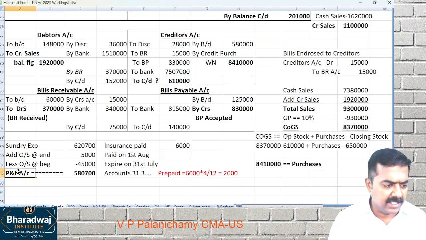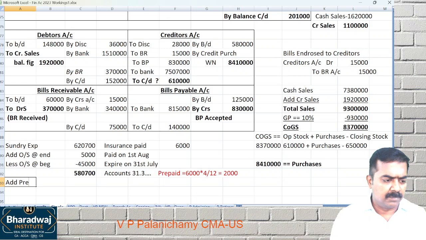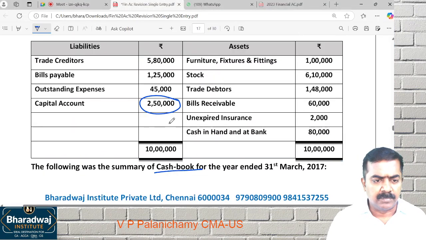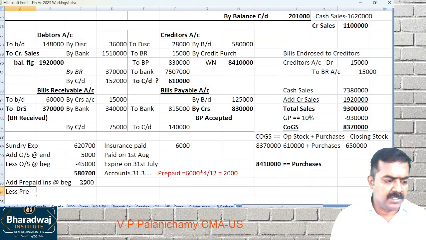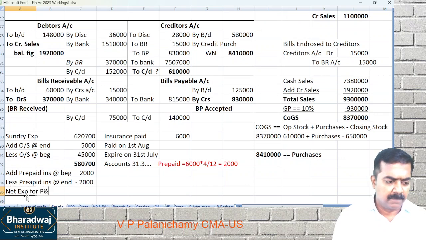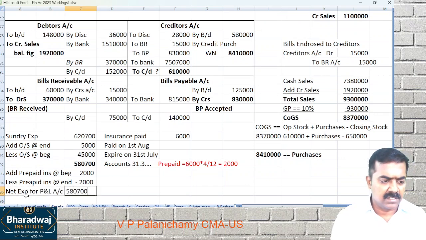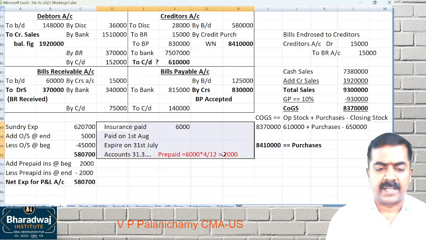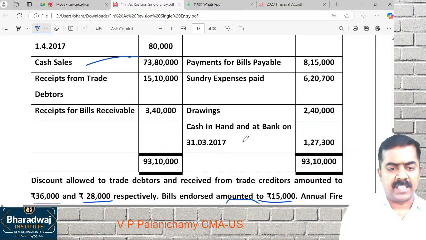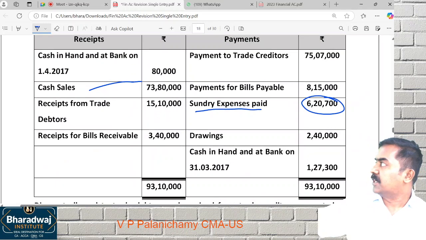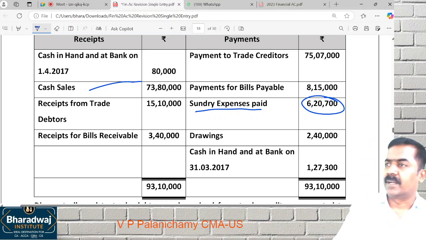This insurance paid is included in sundry expenses. So add prepaid insurance at the beginning of the year, given as 2,000 in the opening balance sheet, and less prepaid insurance at the end of the year, also 2,000, and you will get the net expense for the P&L account: 5,80,700. Wait, why should insurance paid not be charged separately? Look at the payment side: sundry expenses paid is given. Is insurance paid given separately?